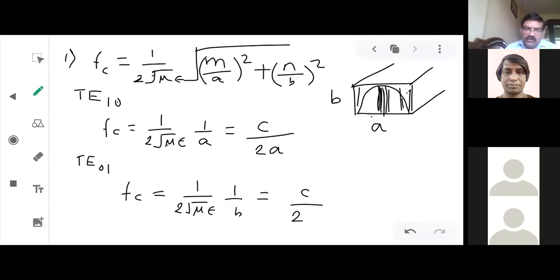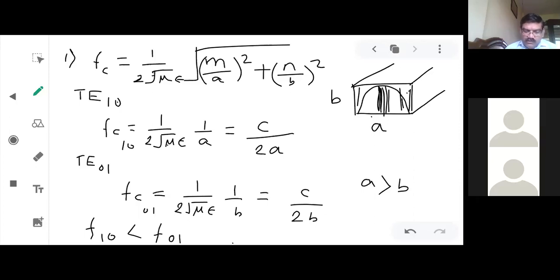You can see that the cutoff frequency is lesser for TE10 mode than for TE01 mode. That is the reason why TE10 is the dominant mode.